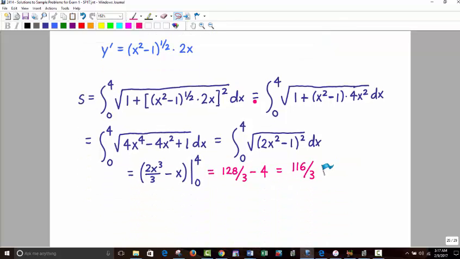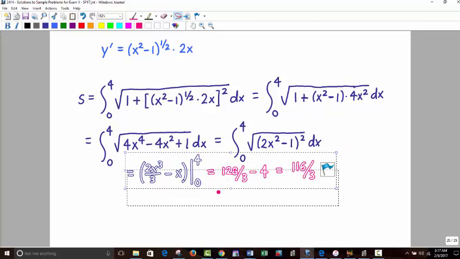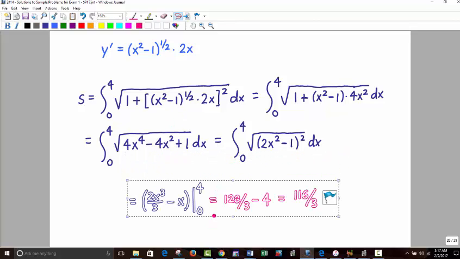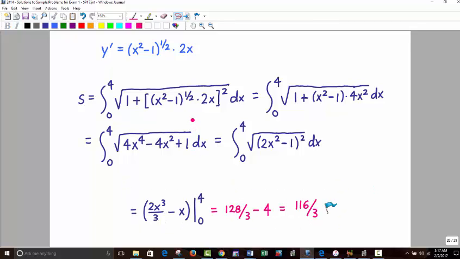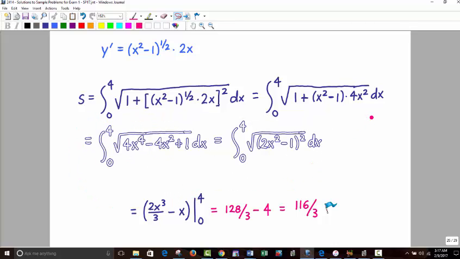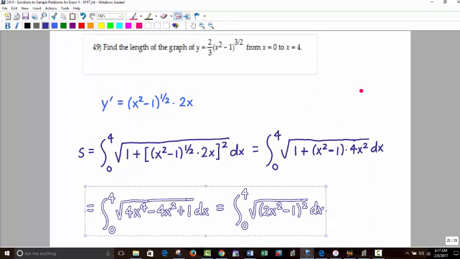But don't forget chain rule, which says we have to take the derivative of the inside, right? Okay. So the derivative of the inside, x squared minus 1, would be 2x. And so there we have it, x squared minus 1 to the 1/2 times 2x.